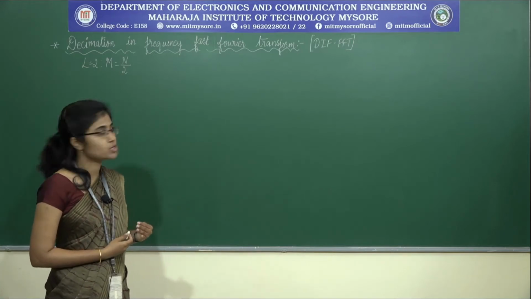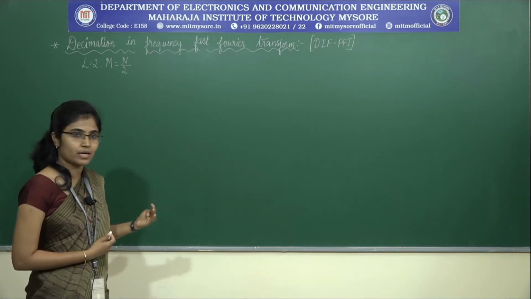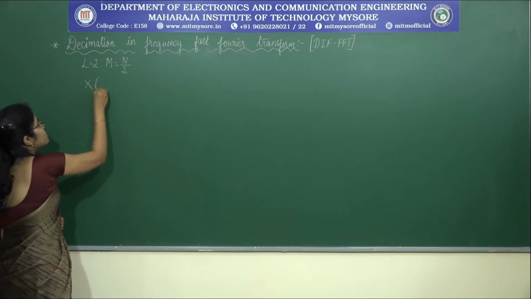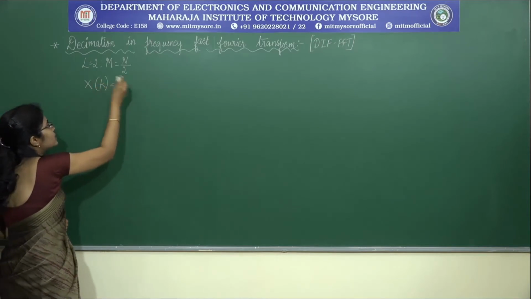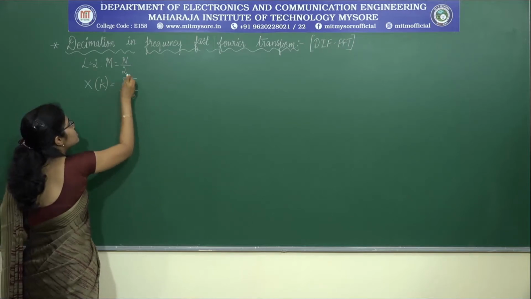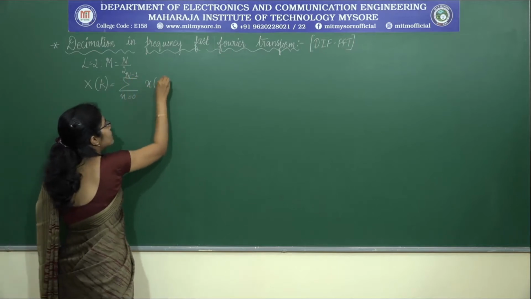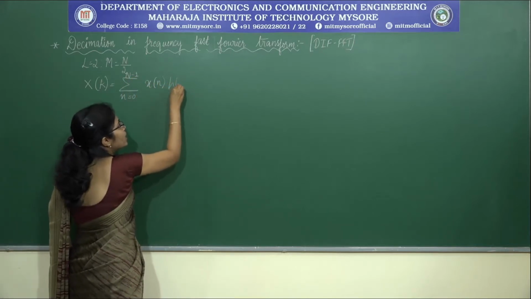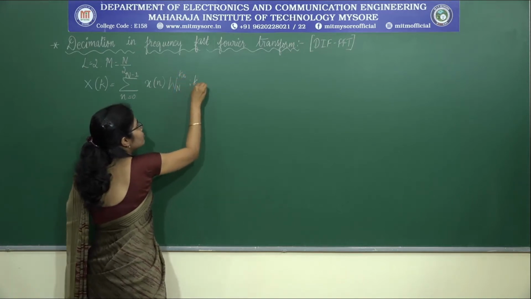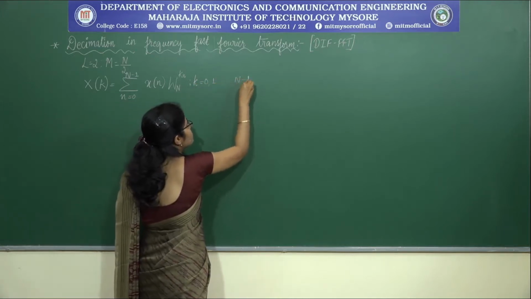Now let us see how we deduce this algorithm with the help of the divide and conquer approach. For that I will take the equation of the DFT which we have studied. We know the DFT is given by X of k equal to summation n ranges from 0 to N minus 1 of x of n into omega N to the power of kn, where the range of k is from 0, 1 up to N minus 1.